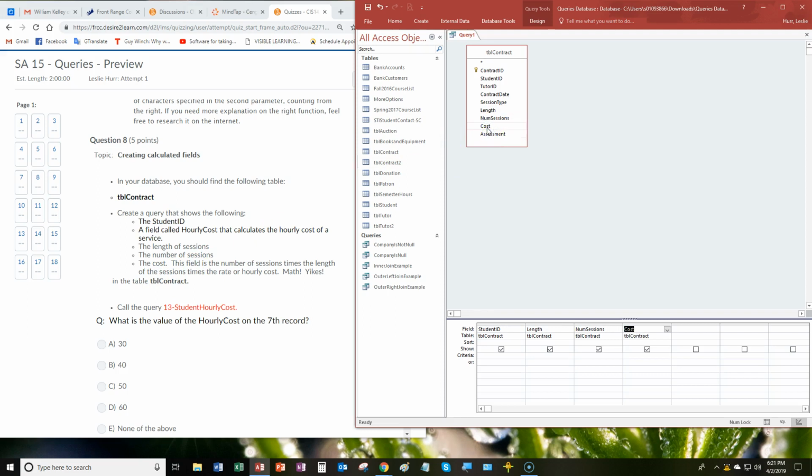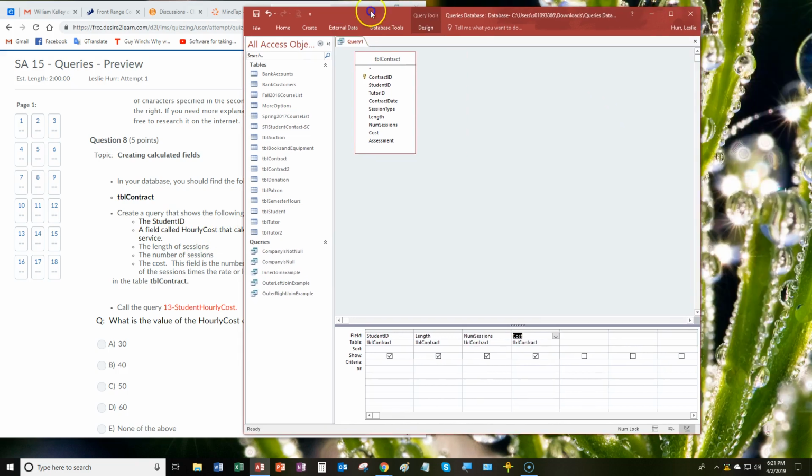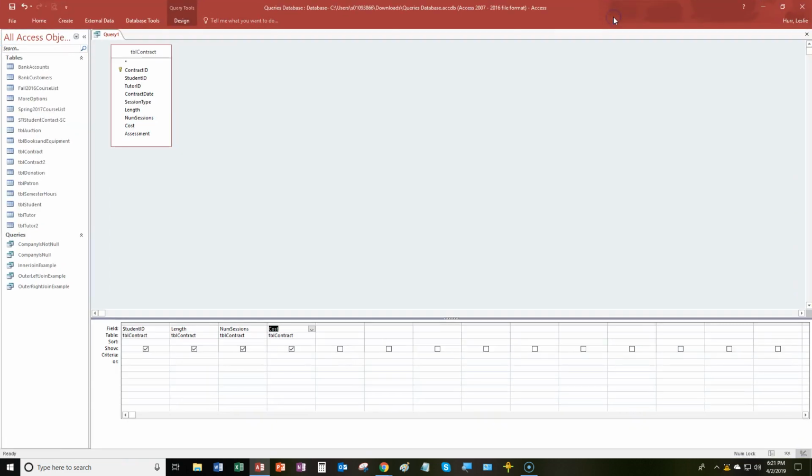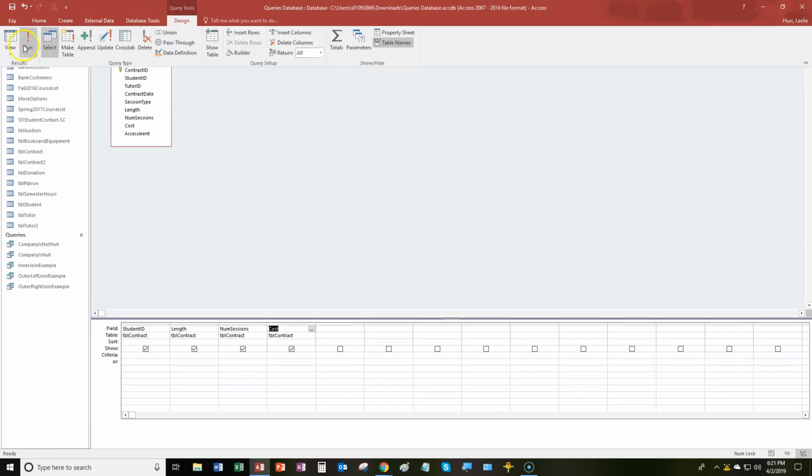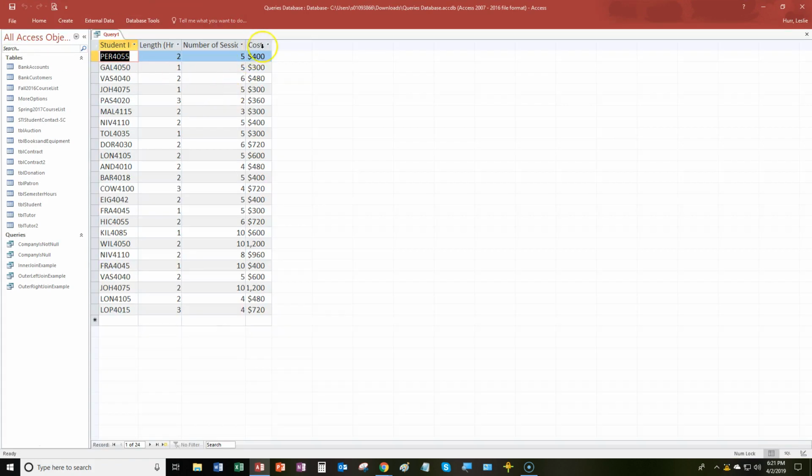Okay, so we've got all those, and then we've got hourly cost, and I don't really know what hourly cost is at the moment, so I'm going to go ahead and look at the data. I'm going to run this, and just look at it and see what the data says.